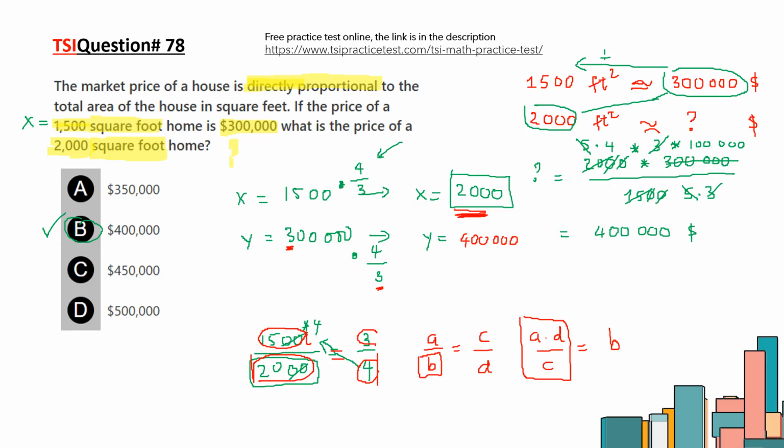You can also use the ratio to solve this problem. If you do 1,500 over 2,000, and then set it equal to the ratio of 300,000 over question mark, now you can find it easily, just like finding D. In this case, you can reduce this to make it easier to work with.